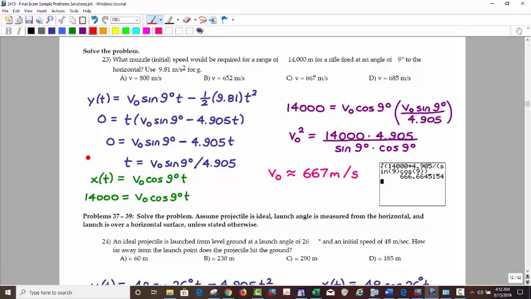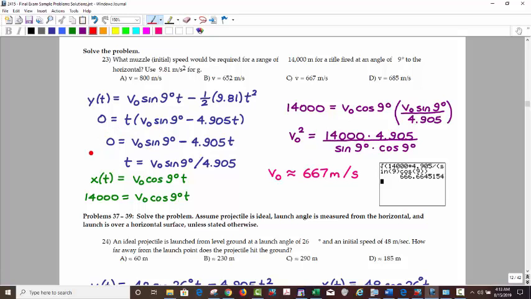So we can substitute. We take this equation, we factor out a t, and one of the solutions would have been t equals 0, but obviously we're not looking for the t equals 0 solution. We're looking for the time it's going to get back to the ground. So we set this inside part equal to 0 also.